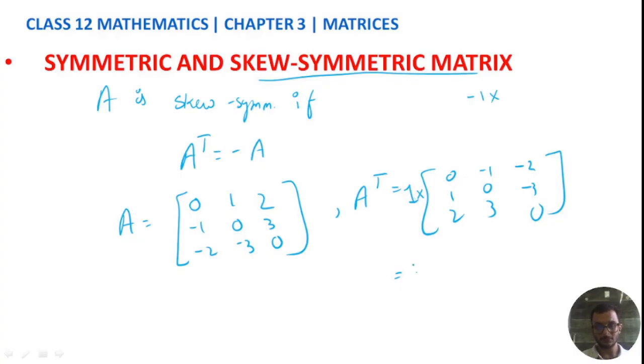So 1 can be written as minus 1 into minus 1 into this matrix. This was A transpose. If I write minus 1 separately and take this minus 1 inside, because k into some matrix is the same as the matrix of k times each element.